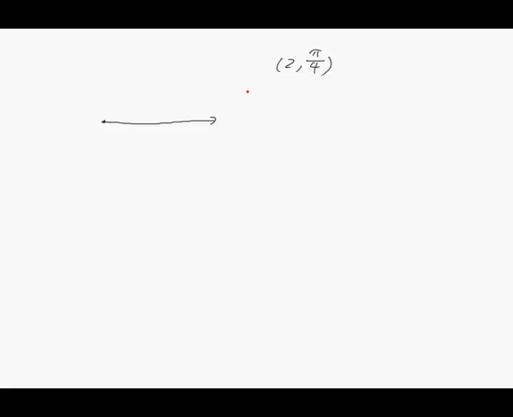So first, we draw the angle pi over 4. Okay, draw its terminal side. Right, this is the pi over 4. And then we locate one point which is 2 units away from the pole. So it's here. So this is the 2 and pi over 4.